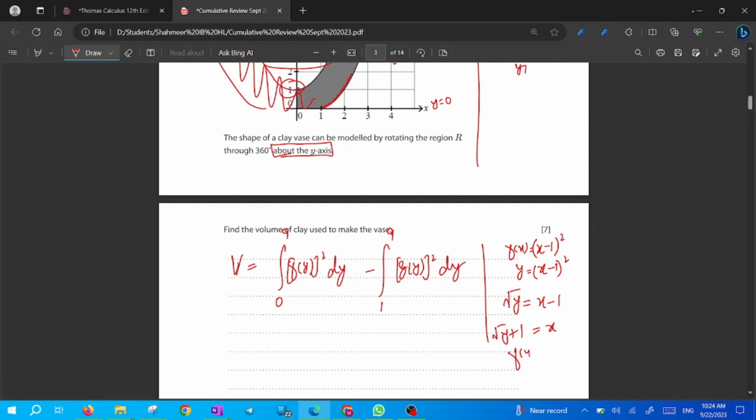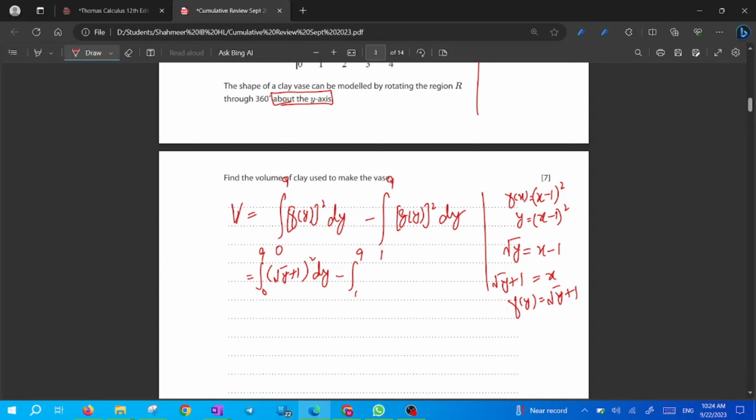In other words, f(y) = √y + 1. So we get the integral from 0 to 9 of (√y + 1)² dy.